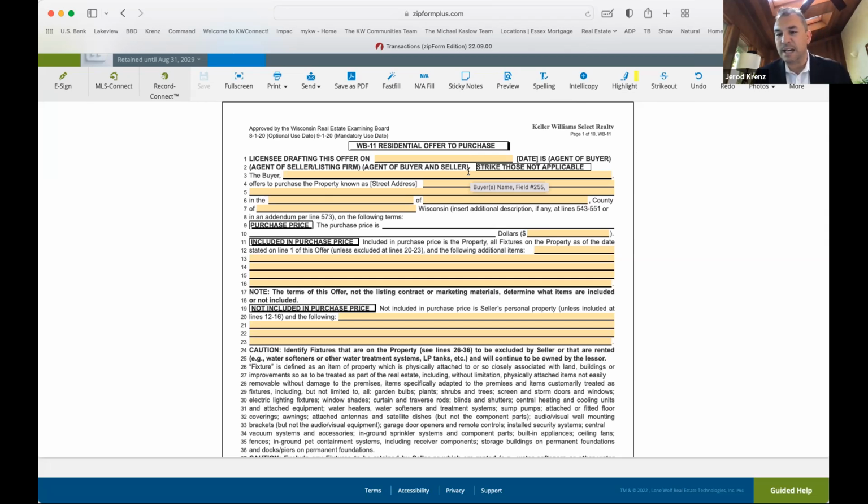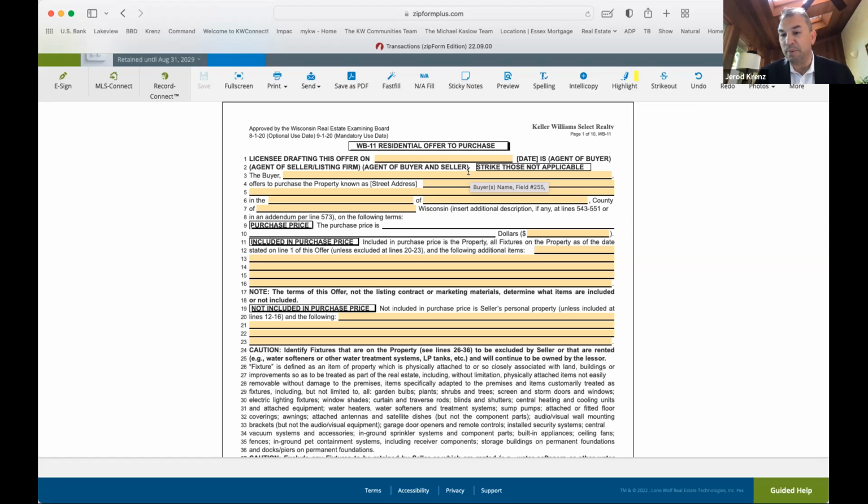So in the state of Wisconsin, right out of the gate, you need to let the parties know who you're representing. And so in this case, if you're writing the offer and you're going to give it over to the listing agent, you got to let the agent know and also the seller know, are you representing this? Because you can represent the seller in the state of Wisconsin. You've never met them.